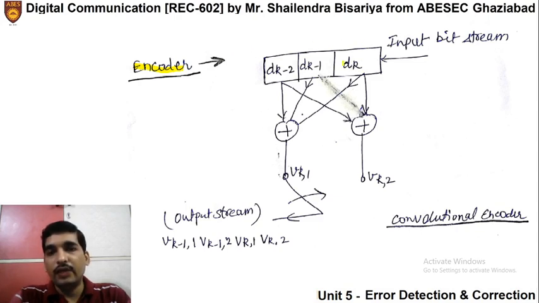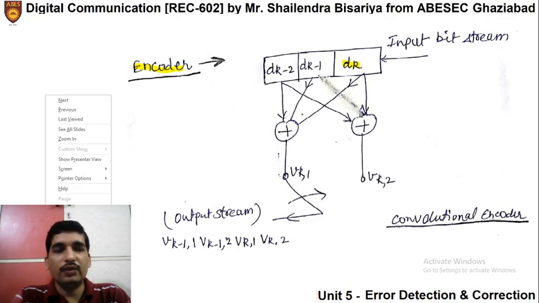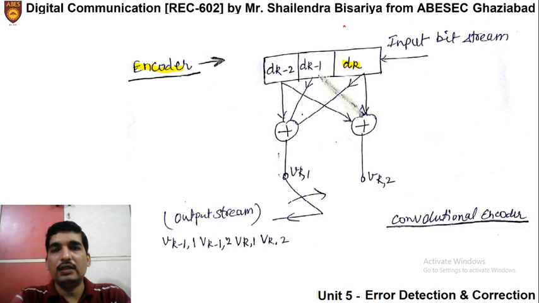Let us say we have k message bits. For simplicity, let us say that k is equal to 1. Then here there is 1 present bit, and k minus 1, k minus 2, that means 2 previous bits, which we have taken just for example.